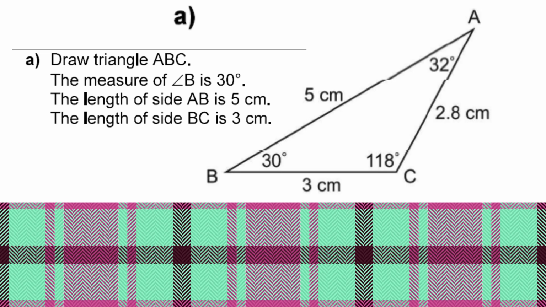It also has an angle that is greater than 90 degrees. Angle C is 118 degrees. In knowing that, you need to make sure to note that this is a scalene and an obtuse triangle.